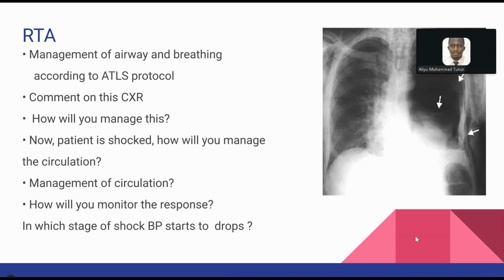Then for the breathing, one should also inspect, count the respiratory rate, look at the accessory muscles of respiration from the chest, the neck, and the abdomen, and look at the chest expansion.